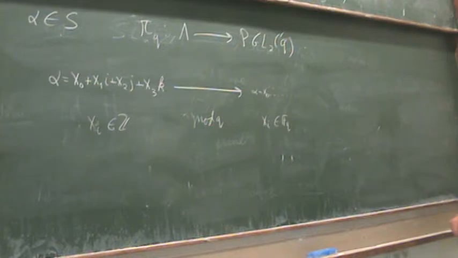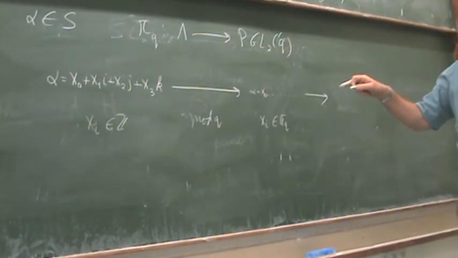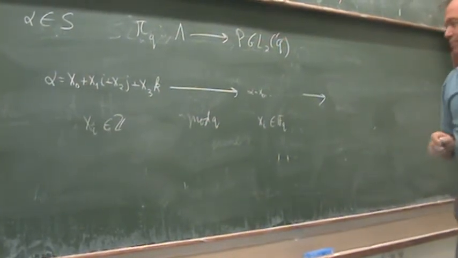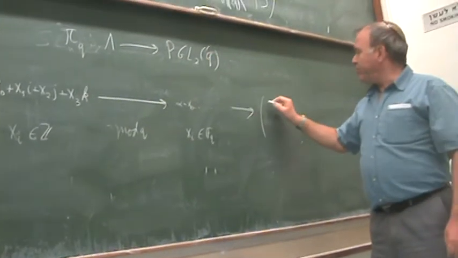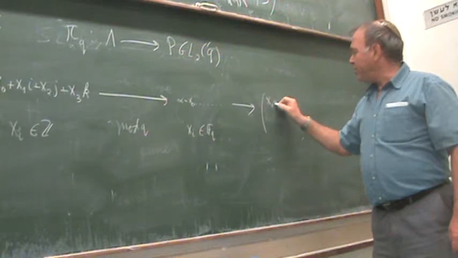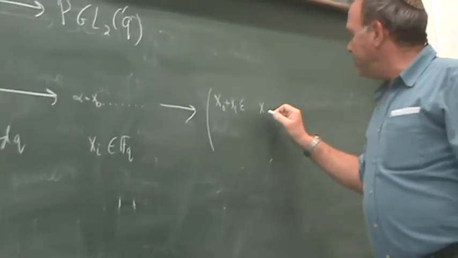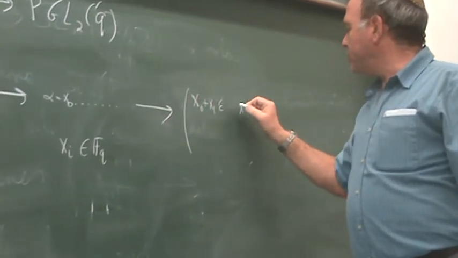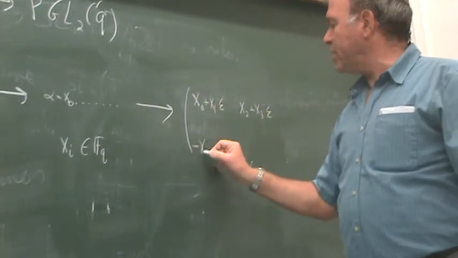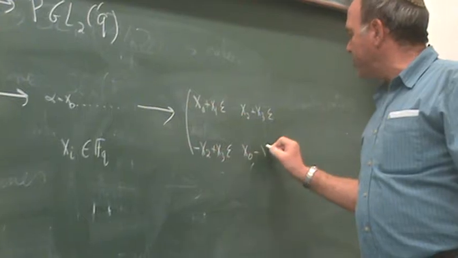Quaternion mod Q, right? But then I'm doing a splitting. I take the quaternion mod Q and I make them to be matrices. The matrix is, you remember we saw when you split it, x0 plus x1 epsilon, x2 plus x3 epsilon, minus x2 plus x3 epsilon, and x0 minus x1 epsilon.